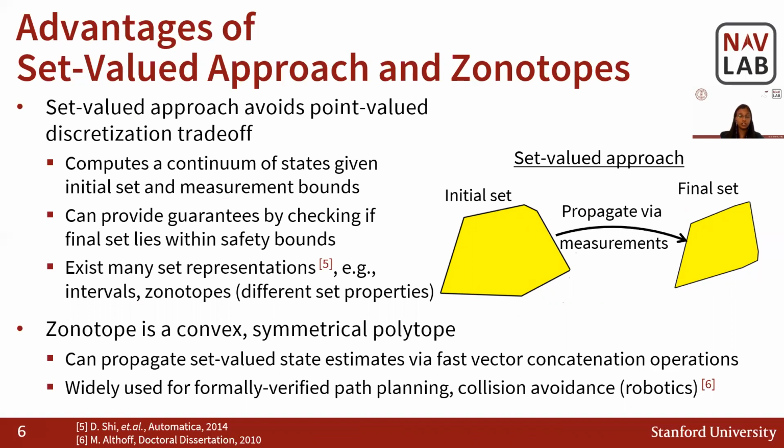Among them, one strategy for modeling arbitrary set-valued state estimates is to use zonotopes. Zonotopes are essentially convex symmetrical polytopes that can propagate set-valued state estimates using fast vector concatenation operations. Zonotopes are widely popular in robotics for formally verified path planning and collision avoidance.